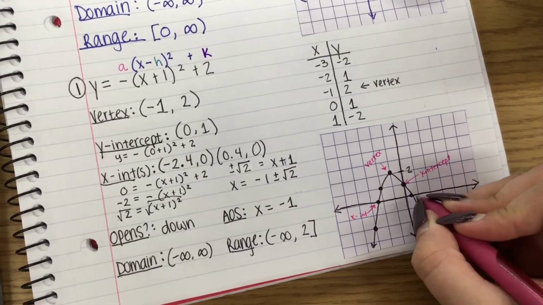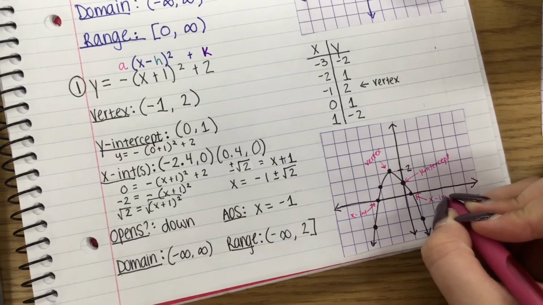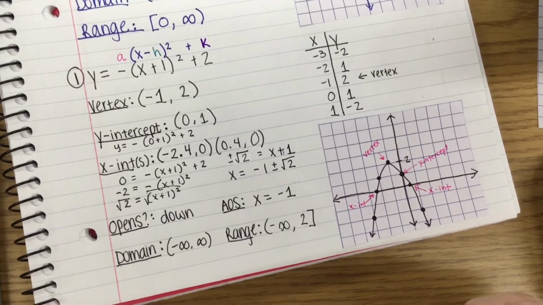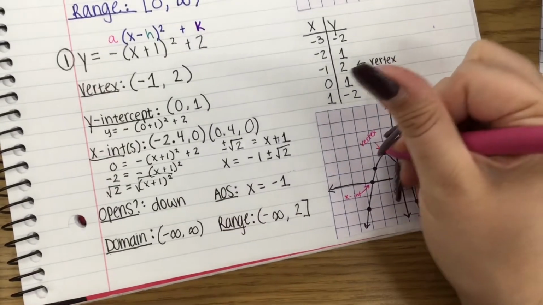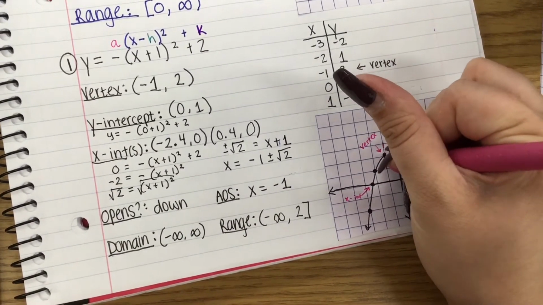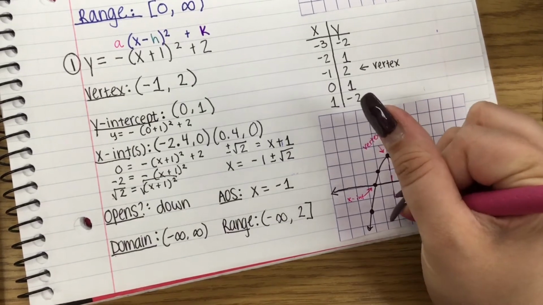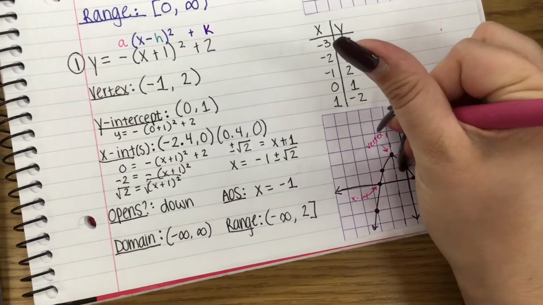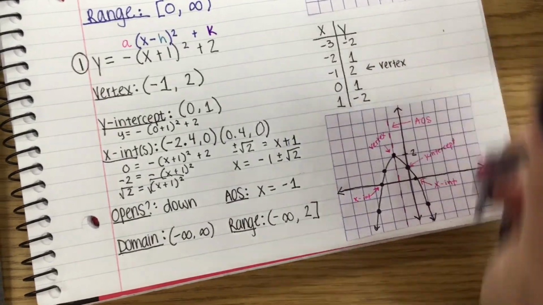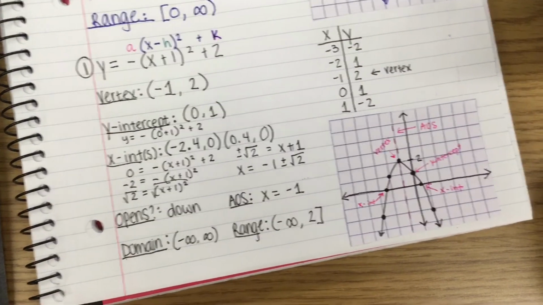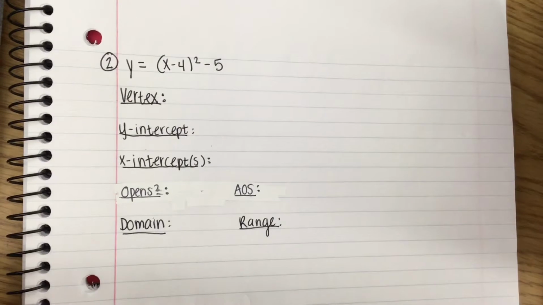Remember that not all parabolas are going to have these x-intercepts because they might not pass through the x-axis. And we learned that when we talked about quadratic formula. This axis of symmetry is an invisible line, and it separates those two sides of that parabola, the two sides of that U shape. And I often refer to that axis of symmetry as just AOS.